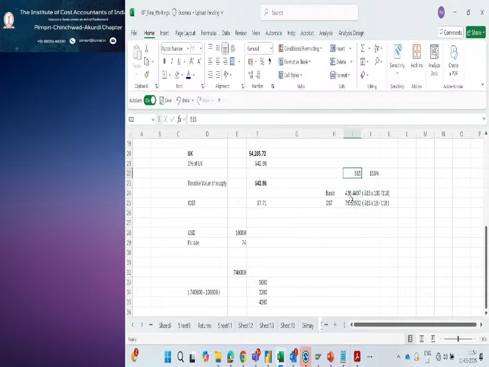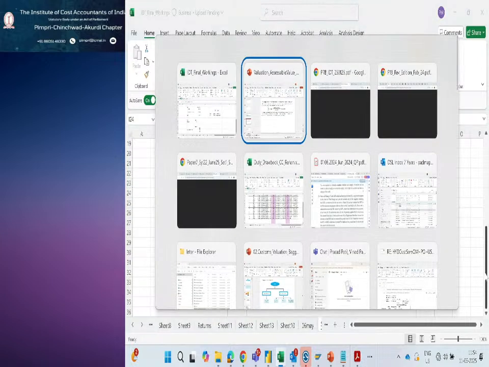This is the GST. The same way it is for 100, so 100 directly gets calculated here.